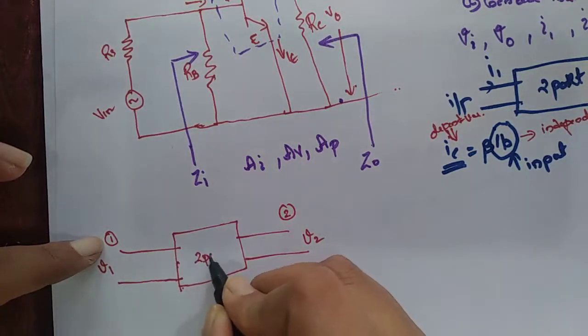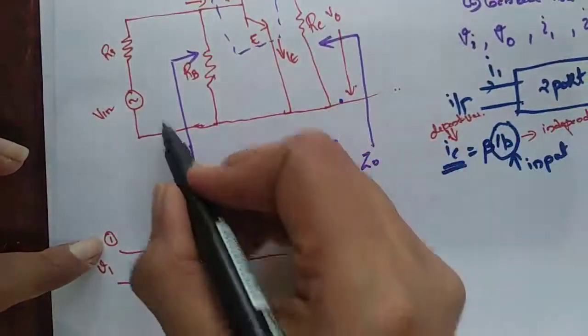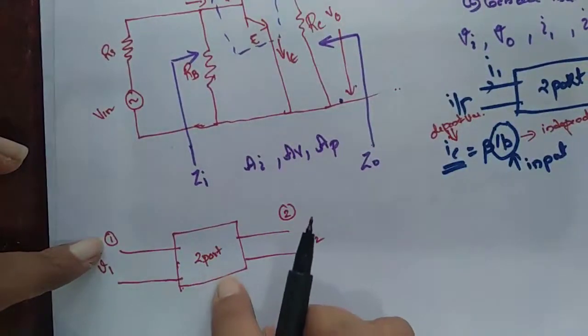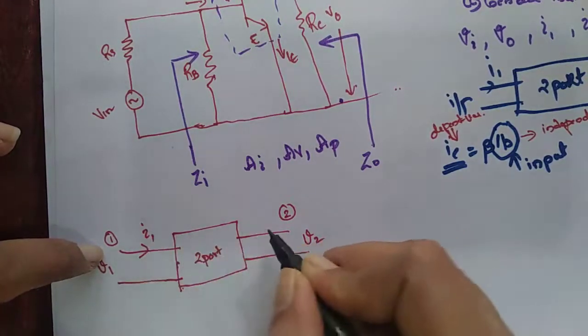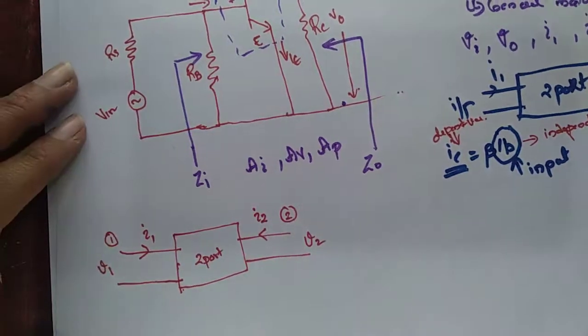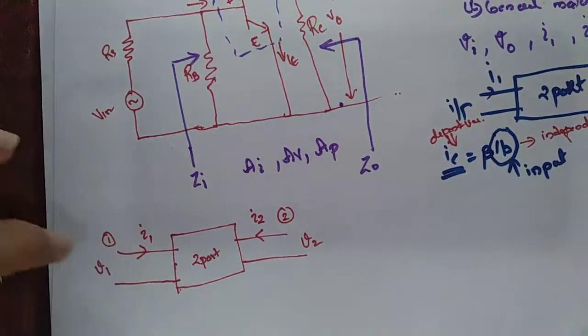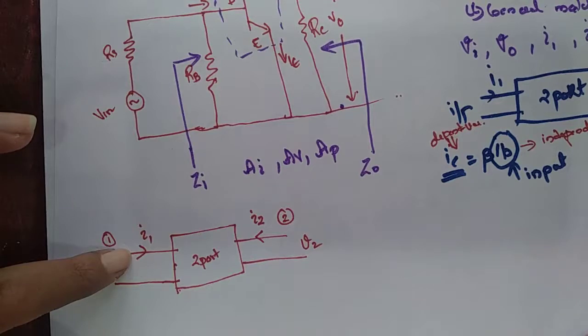This entire thing is represented by this square block, and the current coming in is I1. Why am I using small letters? Small letters represent an instantaneous or AC value. So I am writing I1, I2. If it was instantaneous, I would write I1 of t.